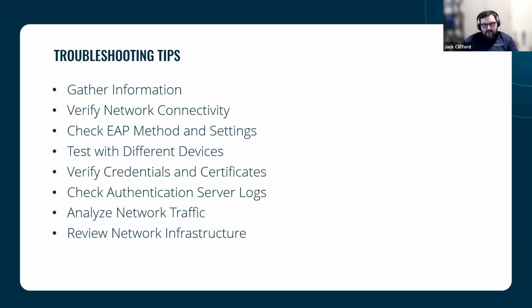So you'll want to verify network connectivity. If it's having authentication issues, does it have network connectivity at all, or is it just not able to authenticate correctly? Can you connect to other networks? Can you access other resources? Signal strength, stability of the Wi-Fi connection, all that fun stuff.